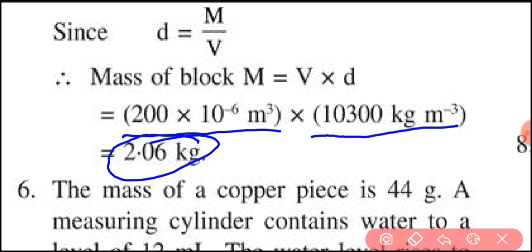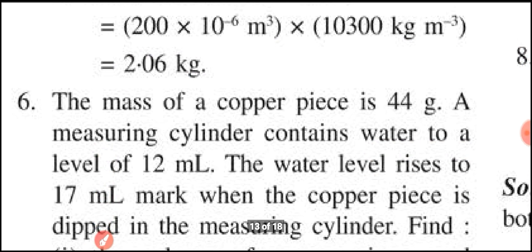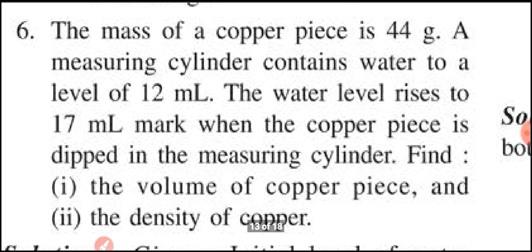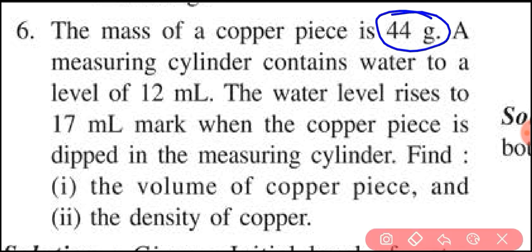Okay, students. Now, next question, sixth one. The mass of a copper piece is 44 gram. A measuring cylinder contains water to a level of 12 ml.